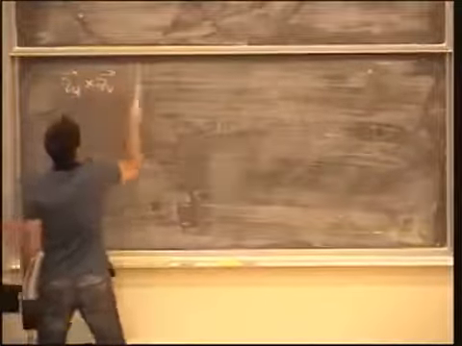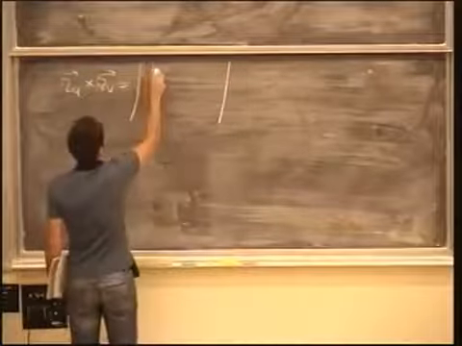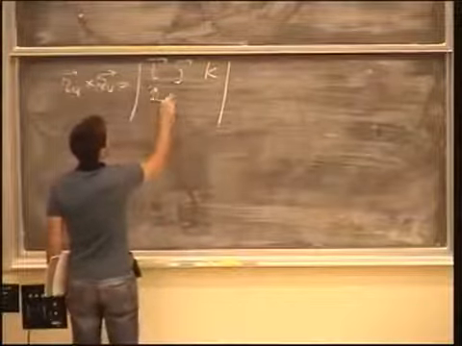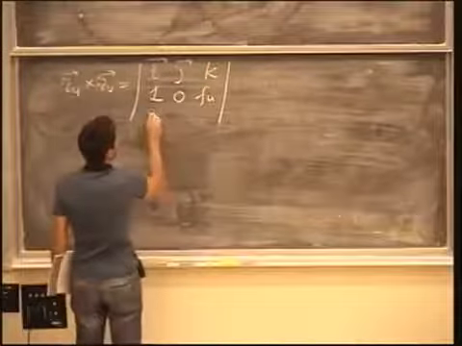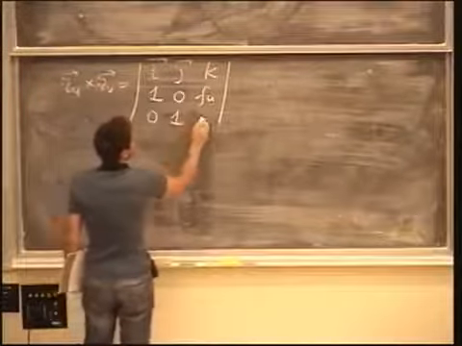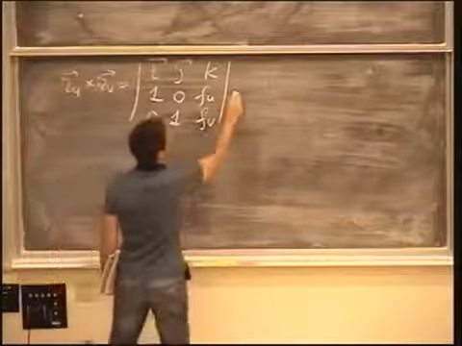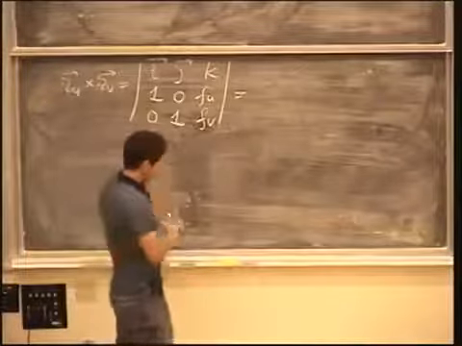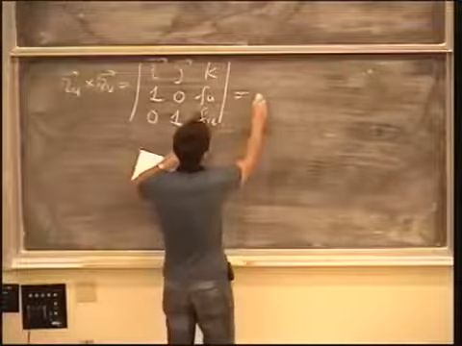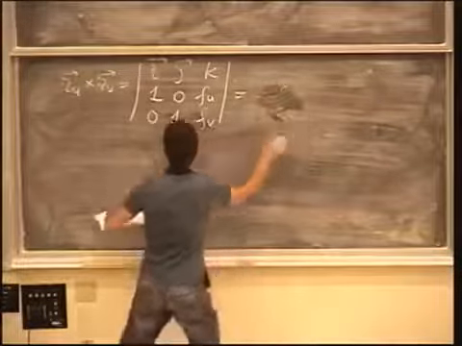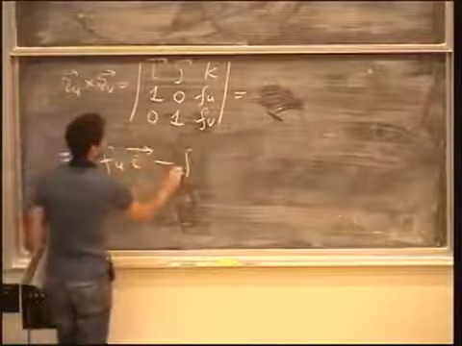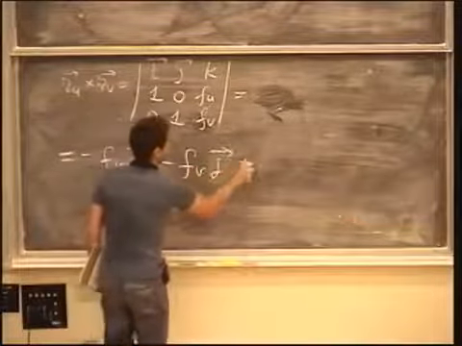So r sub u cross r sub v, just use the usual rule. You'll have i, j, k, and then 1, 0, f sub u, and 0, 1, f sub v. And that's negative f sub u i, negative f sub v j plus k.